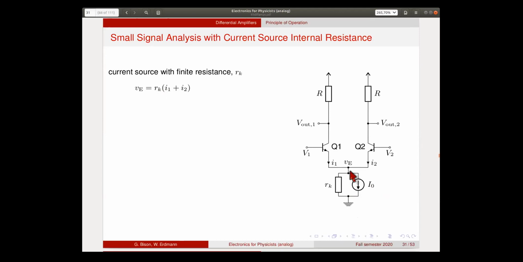So now VE is given by RK times the sum of the currents through these two nodes, right? So this current source is constant, so the differential currents, the deviation, has to flow through this resistor, and gives rise to a voltage drop RK times (I1 plus I2).